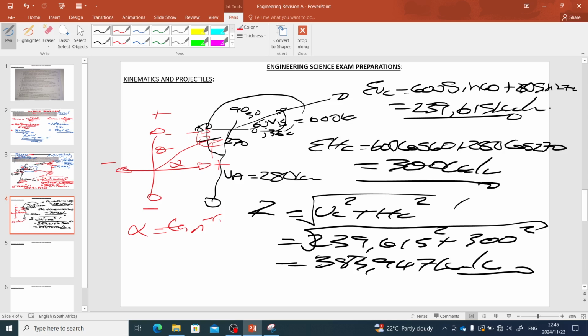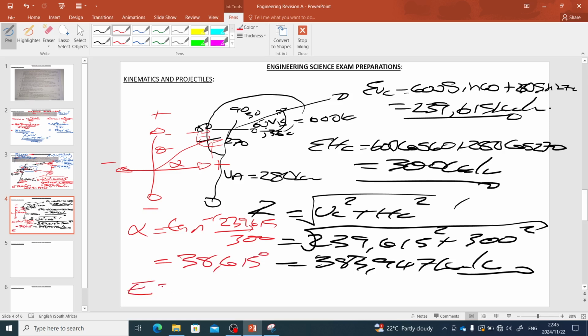Now the vertical component is 239,615 divided by 300. Then I get my angle as 38,615 degrees.